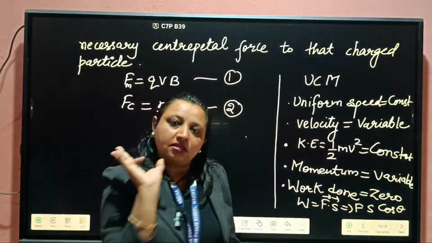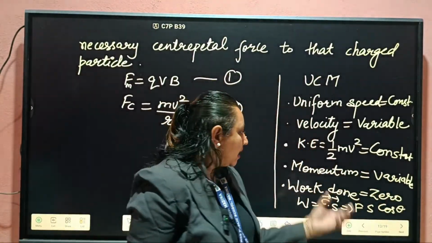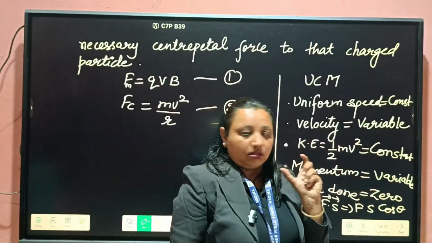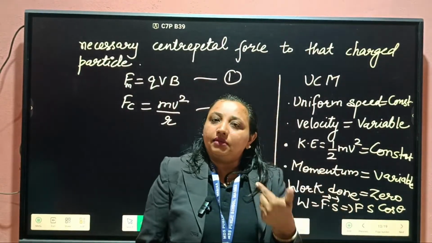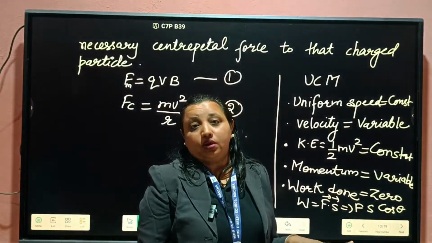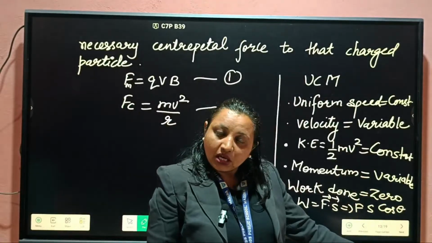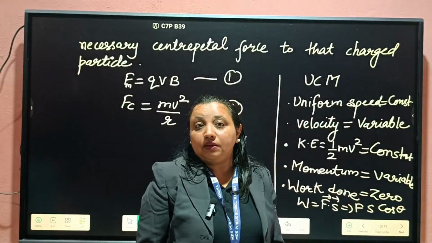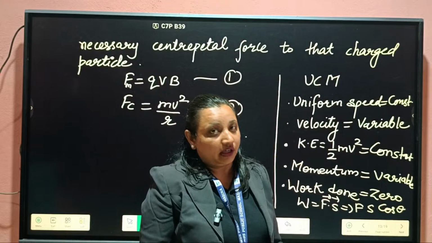Question may be asked in assertion reason or in the MCQs that does the magnetic field do any work on the moving charges? So they don't do work. Work done is equal to 0 when the charged particle moves in a uniform magnetic field, right?